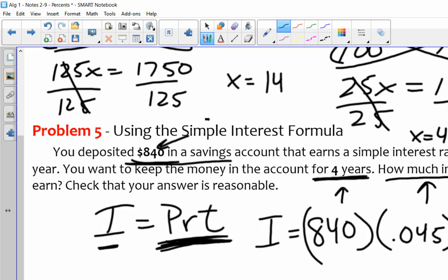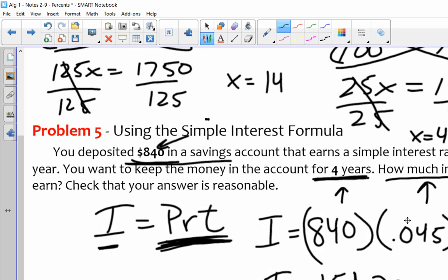And my time was 4 years. Okay, so now I can just take all that and plug it into my calculator and see what we get. So I believe I got $151.20.